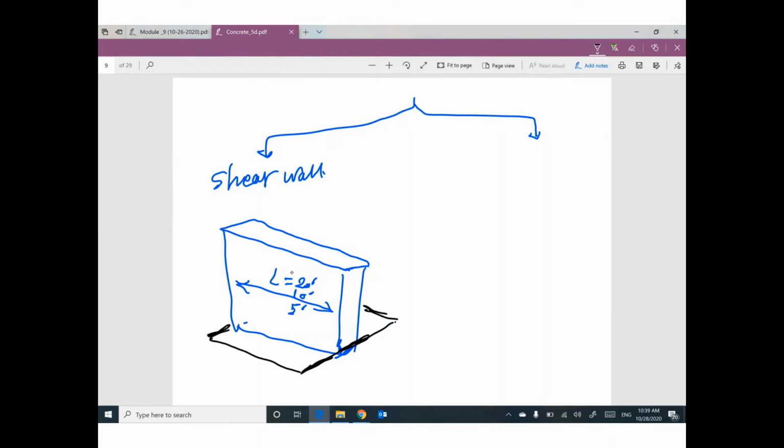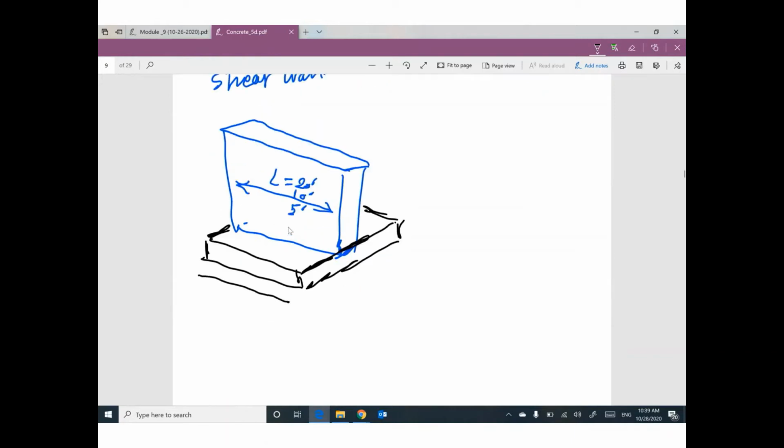underneath this wall. So this length is known, equal to the length of the wall. Sometimes I can increase a little bit, 1 foot from this side and 1 foot from the other side, or the same length. That's fine. So I'm still confused: what is the value of this width?